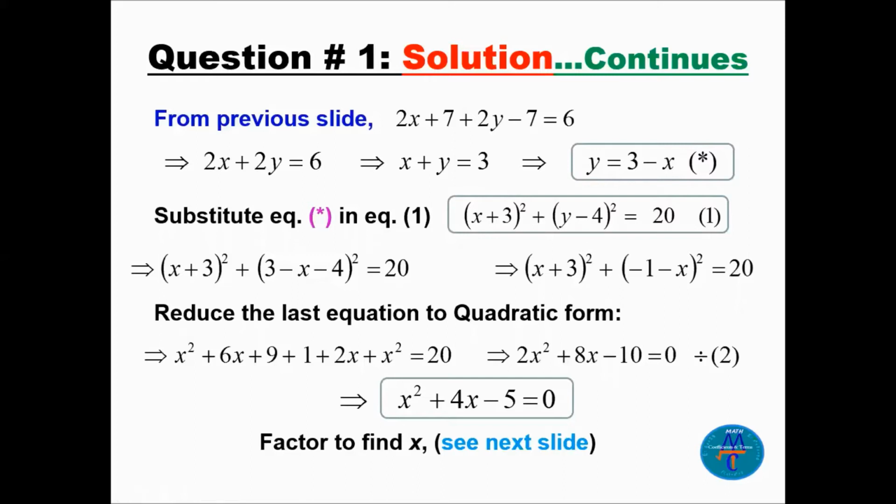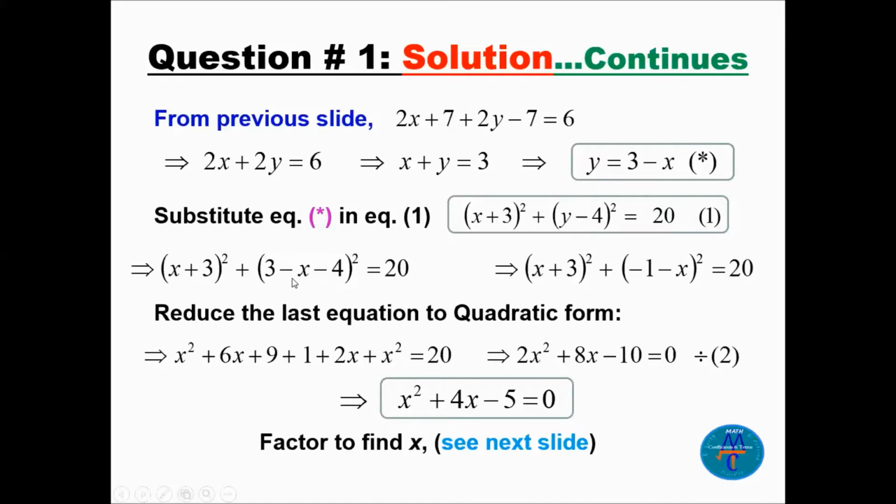So substitute star in equation number 1, which I wrote here for simplicity, instead of going back in the slides. (x + 3)^2 + (y - 4)^2 = 20. I will replace y directly there inside the bracket.